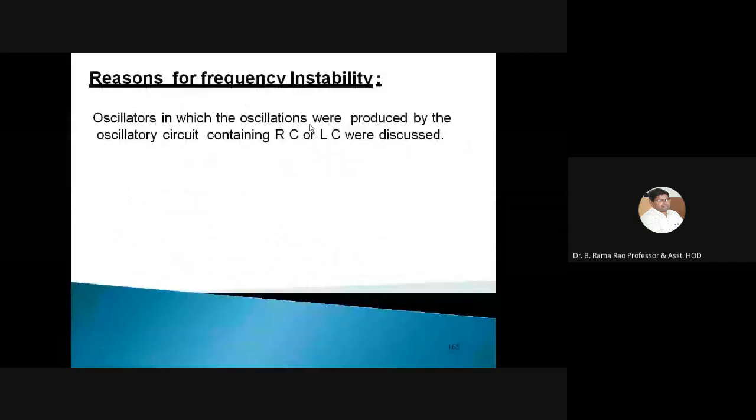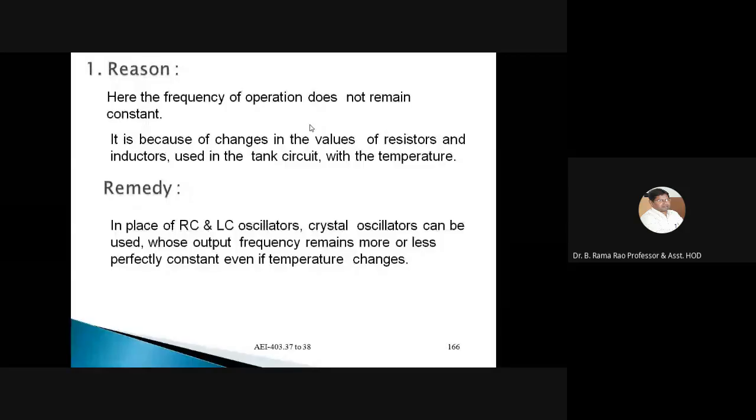The first reason is that the frequency of oscillation does not remain constant because of changes in the values of resistors, inductors and capacitors used in any oscillator circuit, whether RC, LC or crystal oscillator.